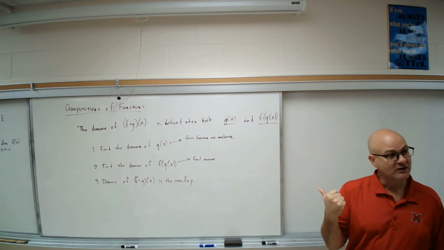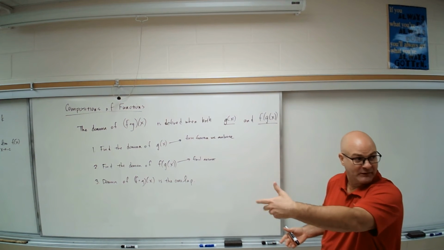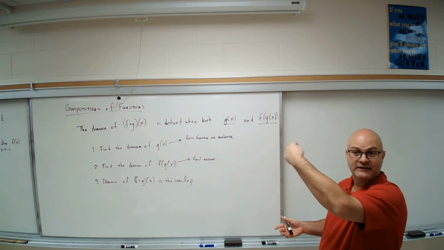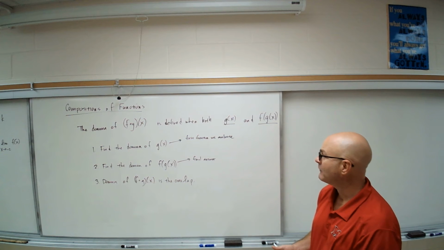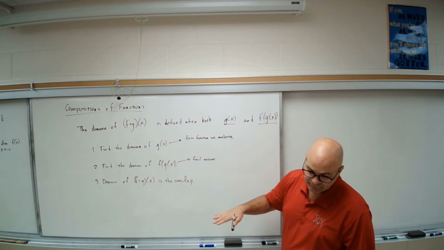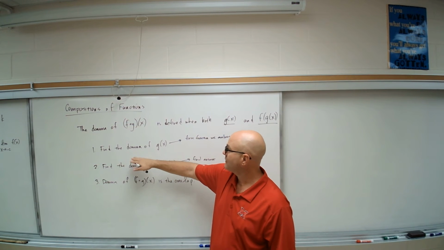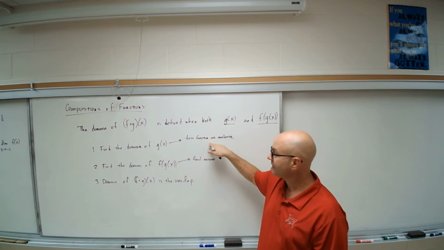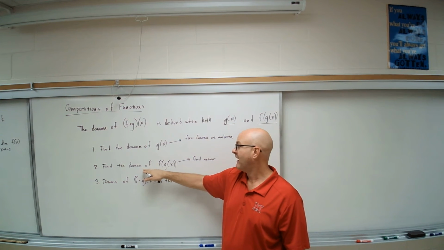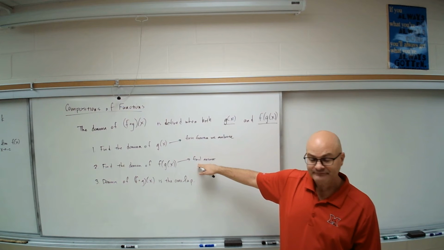Example 3 that we just looked at, on the left we had f of g of x. It had a problem with the initial function. And the g of f of x had a problem with the final function. So we look at it that way. So again, to find the domain of the composition, we find the domain of g of x. That's the first function. Then we find the domain of f of g of x, which is the final answer.